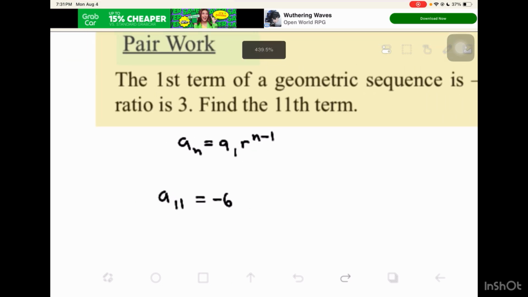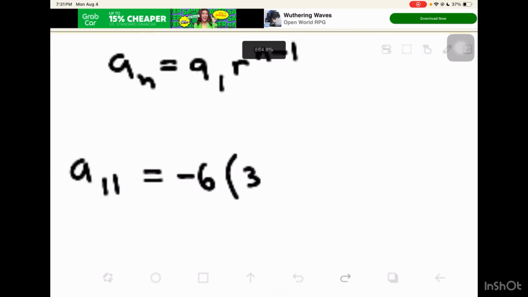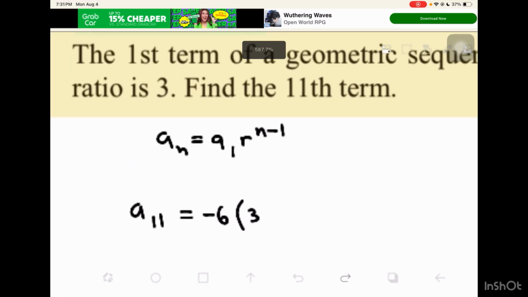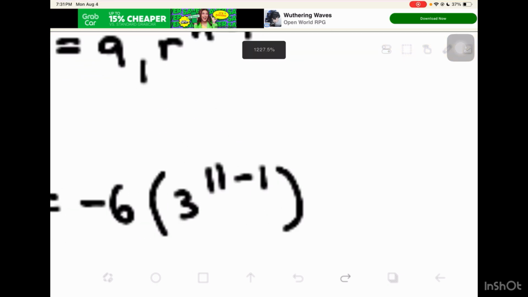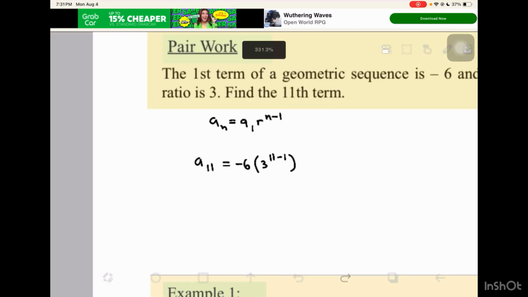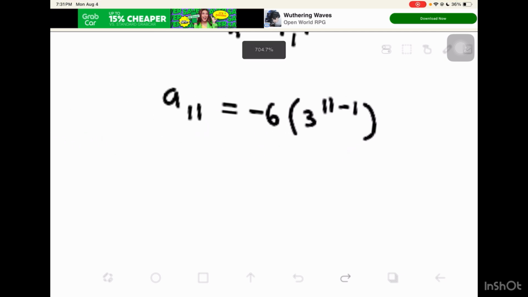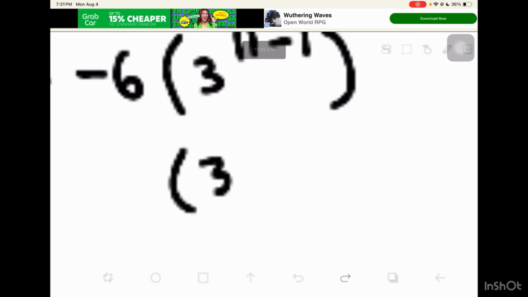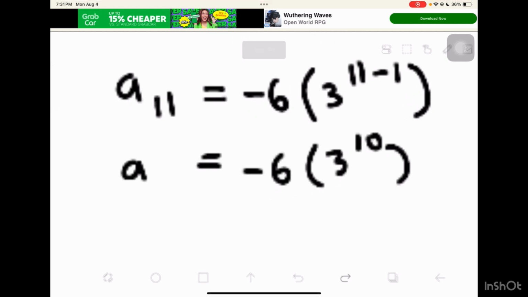Next, we need a common ratio, which is also given to us. That's going to be in parentheses 3. Then, we want to find the 11th term, or our n, so that's 11 minus 1. Negative 6 is going to be multiplied after we evaluate this. So, that's going to be 3 raised to 10 times negative 6. That's a sub 11 for you.